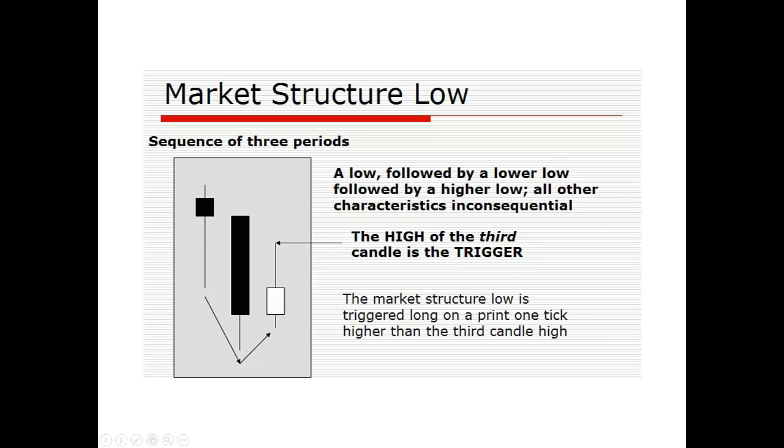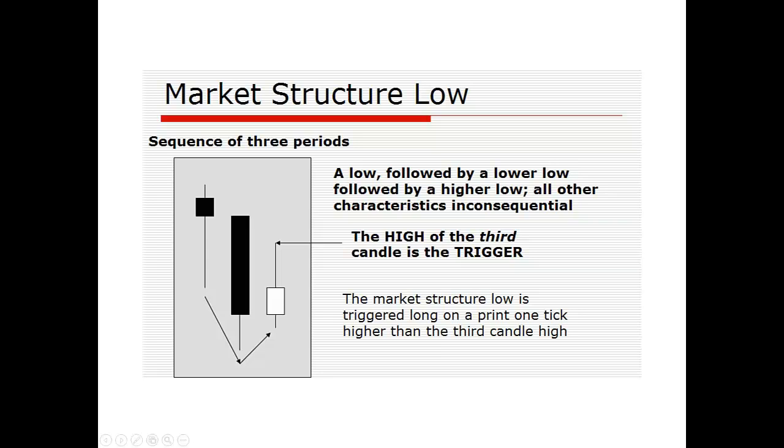So we have a new low close, a lower low close, and then a higher low close. And the high of the higher low close is going to be the trigger for the long. So when this breaks, and literally one tick higher, that's the long signal.